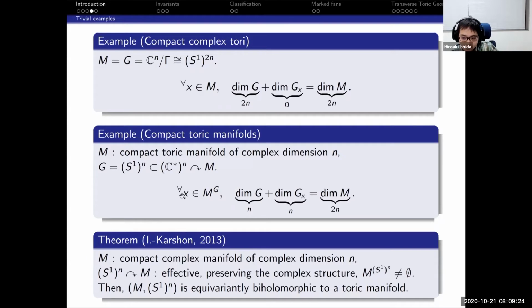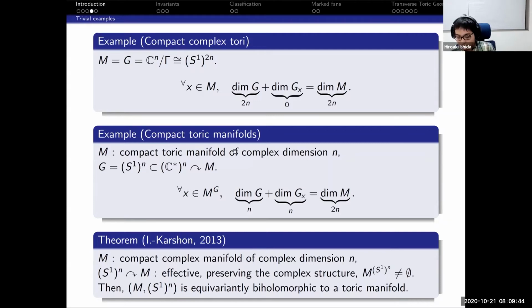Then for any fixed point, we can check the equality, because the isotropy subgroup should be G itself. So we have the equality.